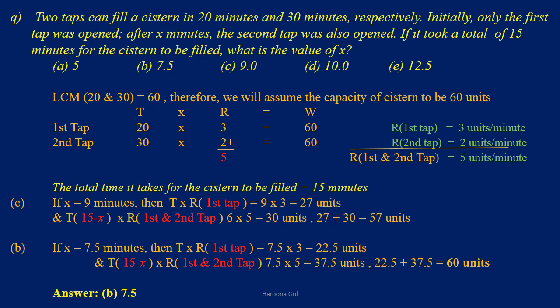So 7.5 into 3 is 22.5, and 7.5 into 5 is equal to 37.5 units. So 22.5 plus 37.5 is equal to 60 units. This means that our answer choice is going to be B, that is 7.5 minutes.